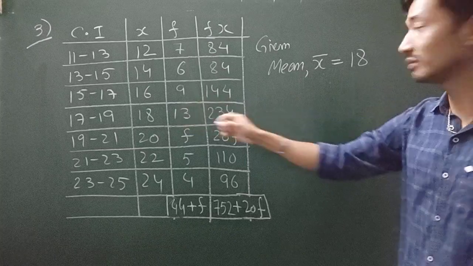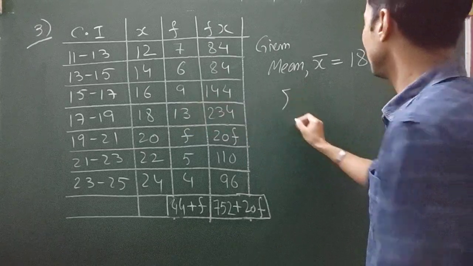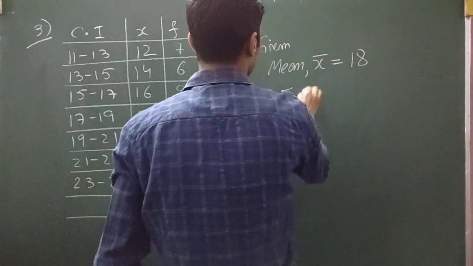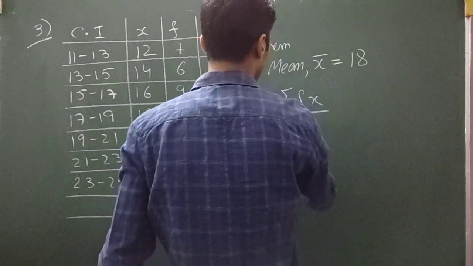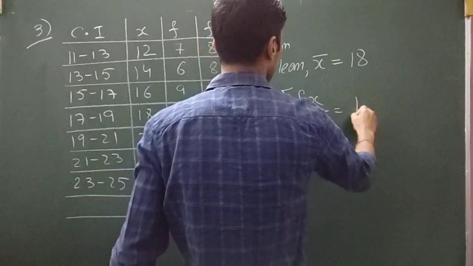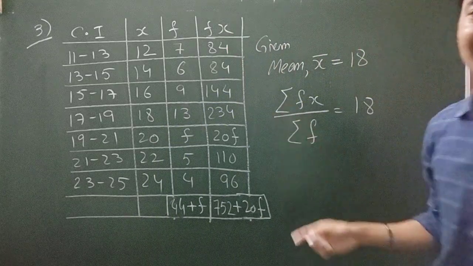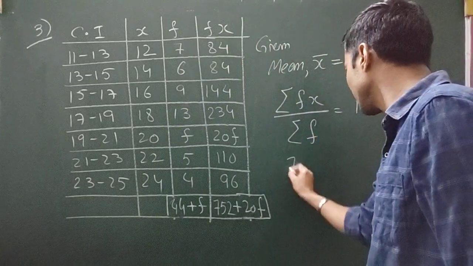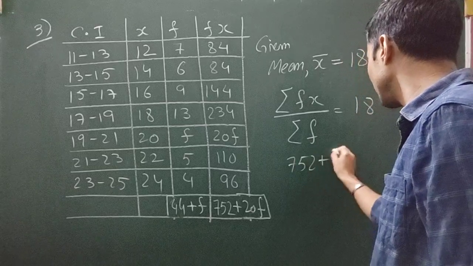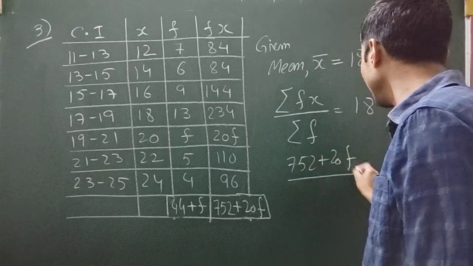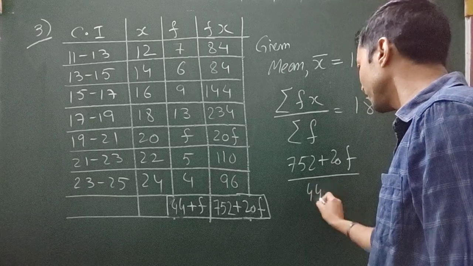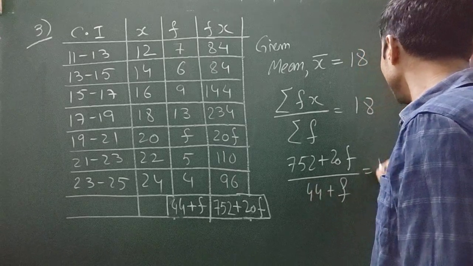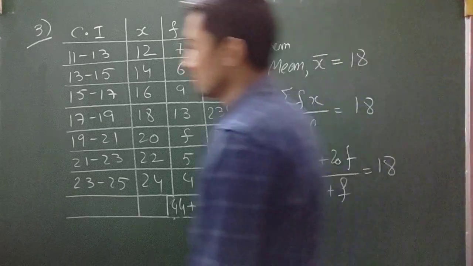If we were using the direct method, it was summation of f into x divided by summation of f equal to 18. So this summation is 752 plus 20F divided by the total of frequency, 44 plus F, is equal to 18.